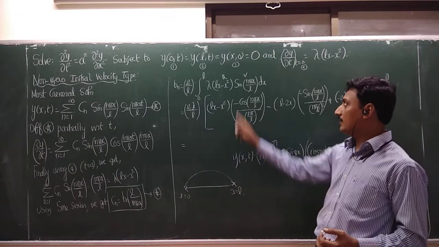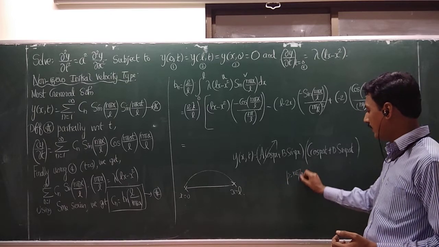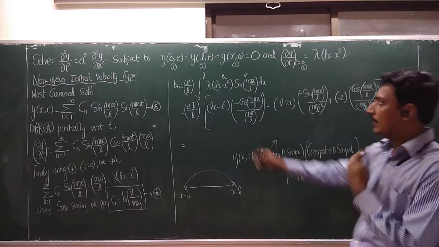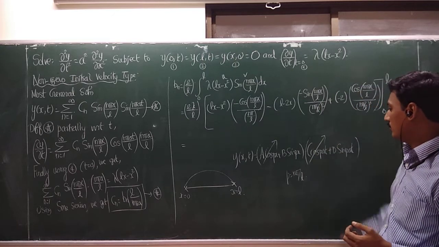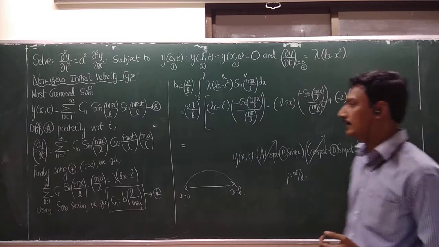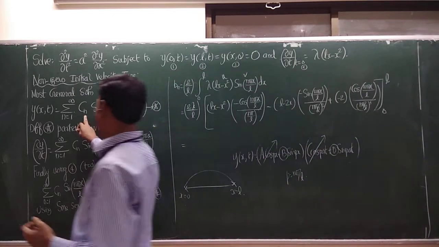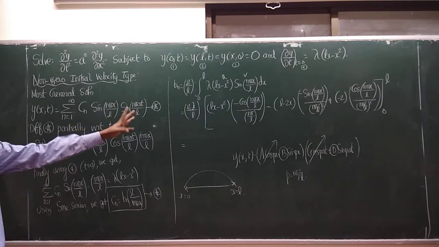At x = l, once again the displacement is 0, so we get p = nπ/l. By using the third boundary condition at t = 0, we get C = 0. By combining the arbitrary constants B and D as Cn, and p = nπ/l, we get the most general solution.